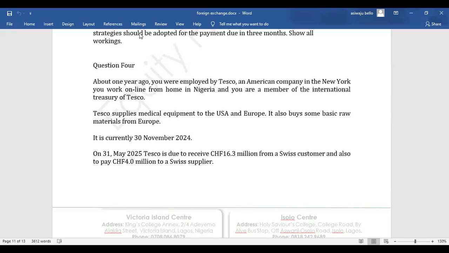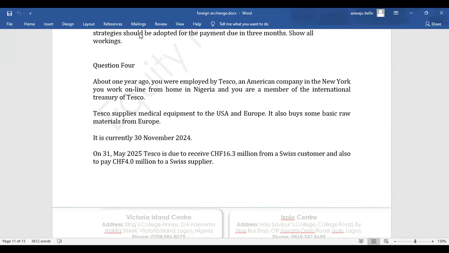You work online from home in Nigeria, and you are a member of the International Treasury of Tesco. Tesco supplies medical equipment to the US and Europe. It also buys basic raw materials from Europe.